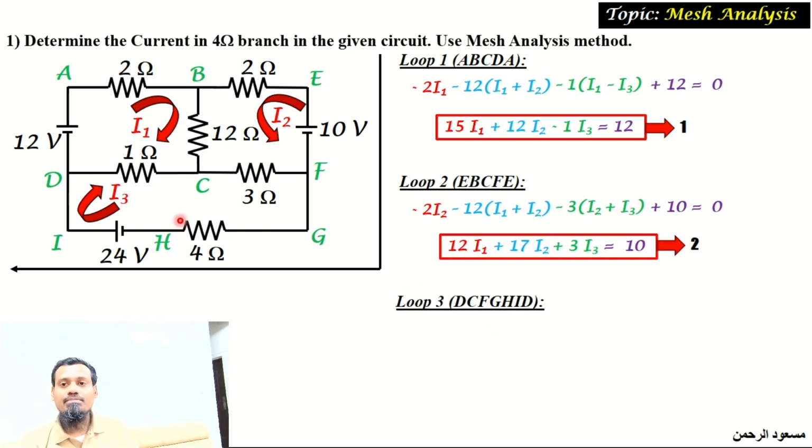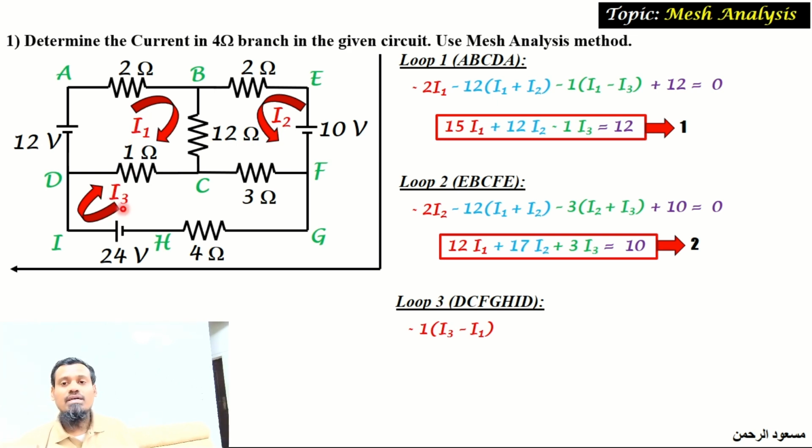In loop 3, let us travel from D, C, F, G, H, I, D. When you travel from D to C, there is a 1 ohm resistor for which there are two values of current, I1 and I3, which are of opposite signs. Again, now we are writing the equation for the third loop, that is for the third mesh.